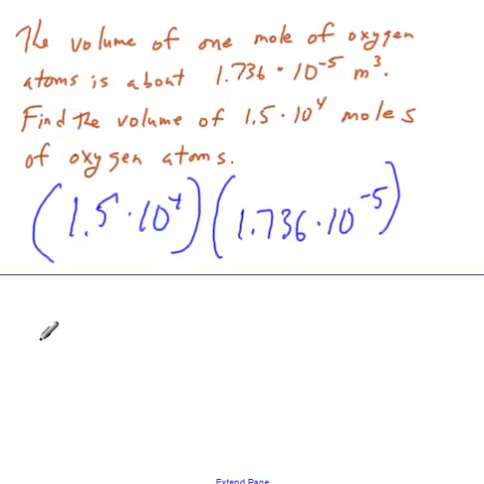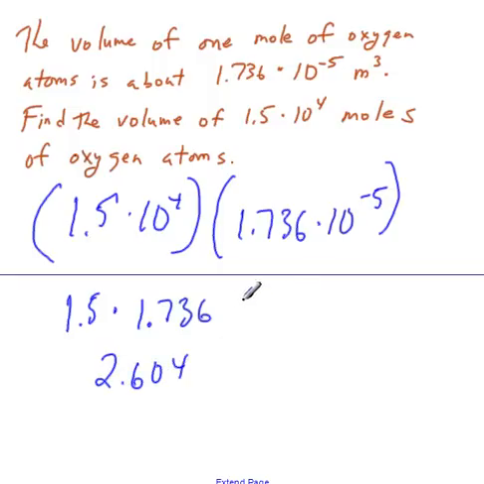Well, the smart thing to do here, you could use your calculator just to multiply this all together in scientific notation, but since this is just a string of items being multiplied, I can put my non-powers of 10 together with my powers of 10, and then put my powers of 10 together. And I have this calculated on a sheet here. So those two multiply together to get 2.604.